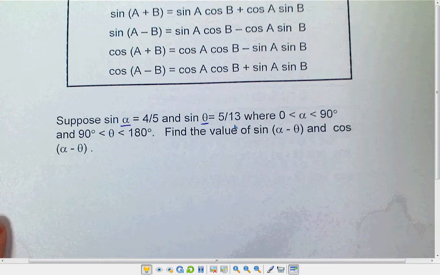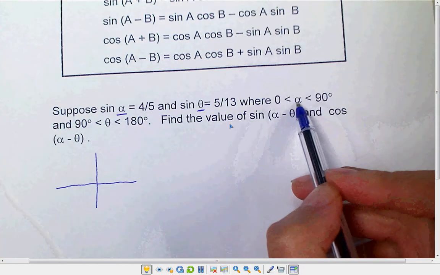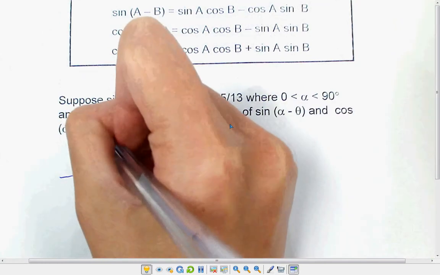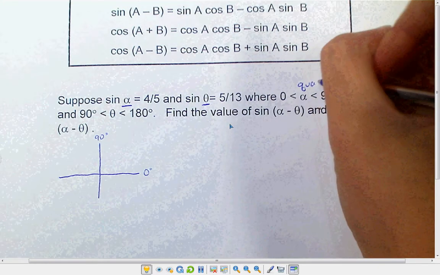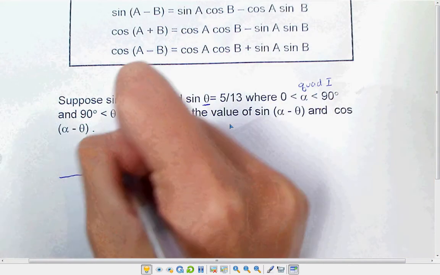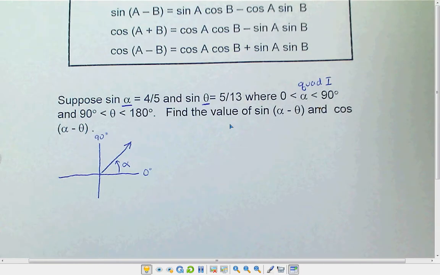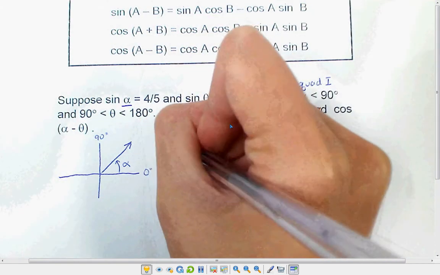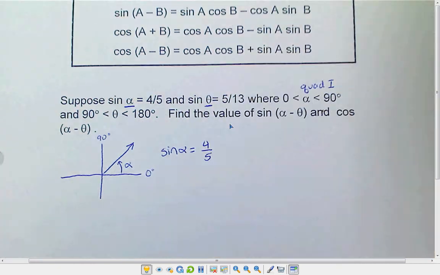So let's sketch a picture of alpha. If we want this angle to be between 0 and 90 degrees, here is 0 degrees, here is 90 degrees, that must mean that it is in quadrant 1. So my alpha is in the first quadrant, and what I know about alpha is that sine of alpha is 4 over 5 from right here.